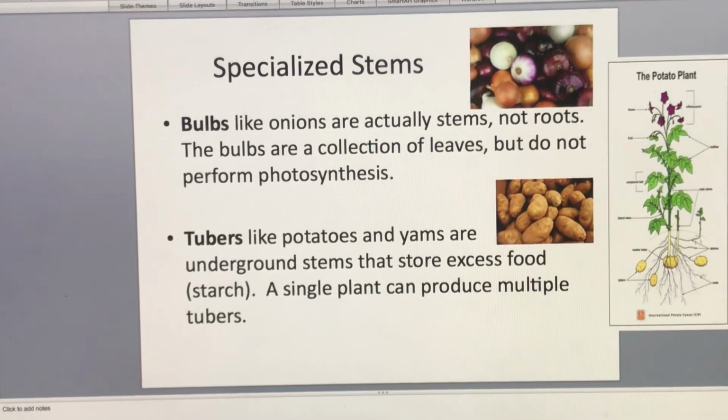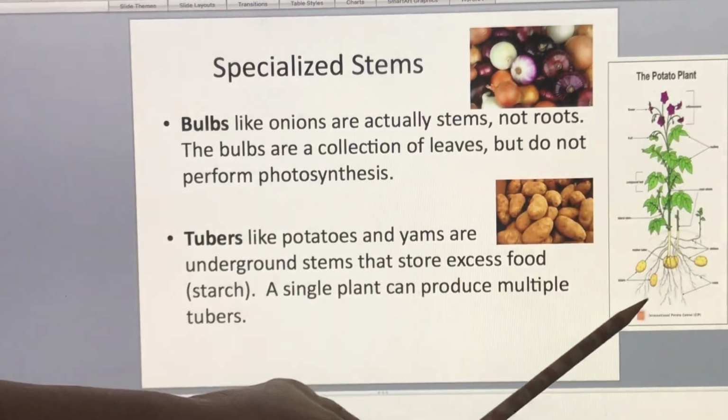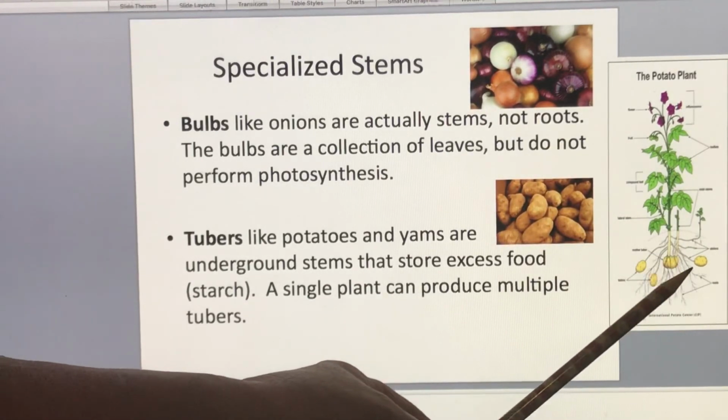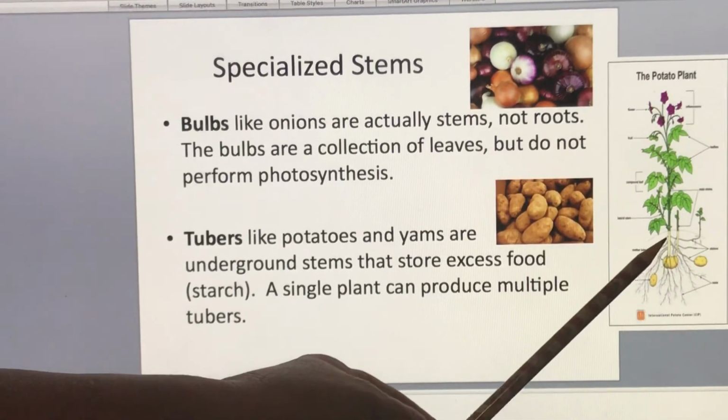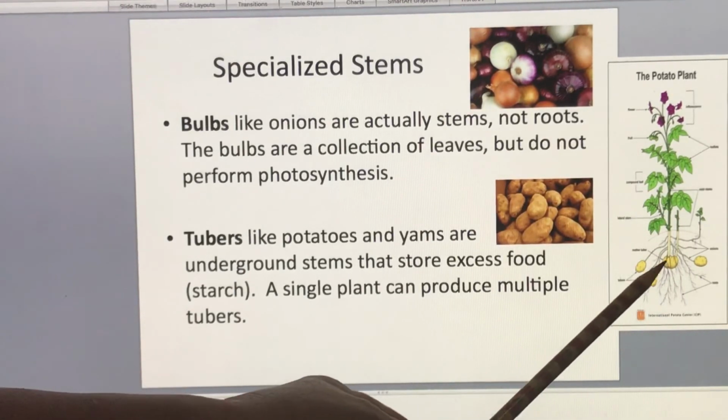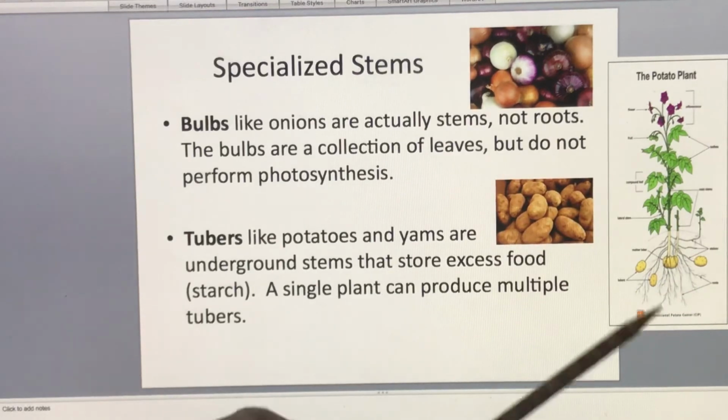And then we have potatoes, as I mentioned earlier, actually another type of specialized stem called a tuber, which stores starch. You can see this diagram of a potato plant. The actual roots are this fibrous system here, but these tubers are considered underground stems. And then obviously it has a portion of the plant that lives above ground as well.